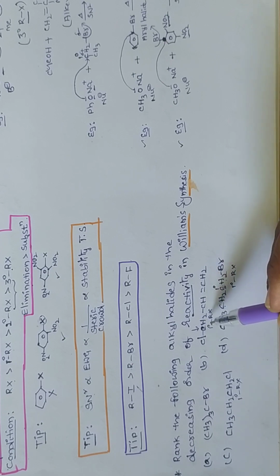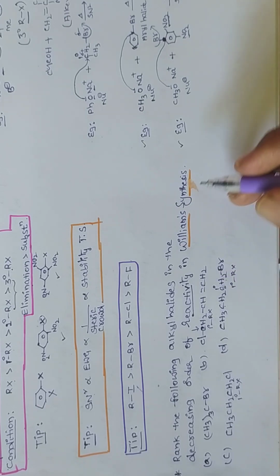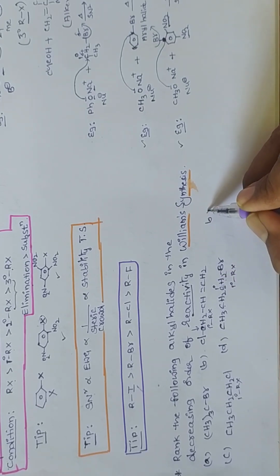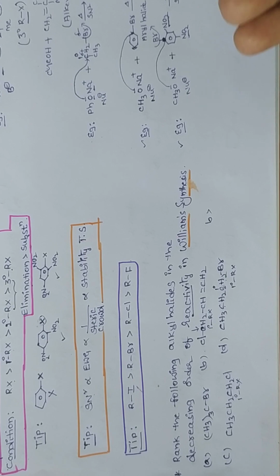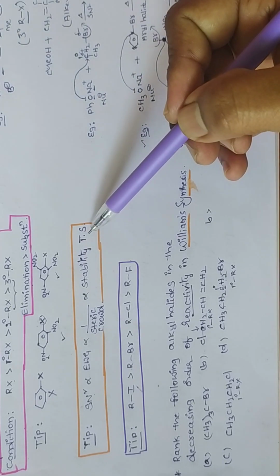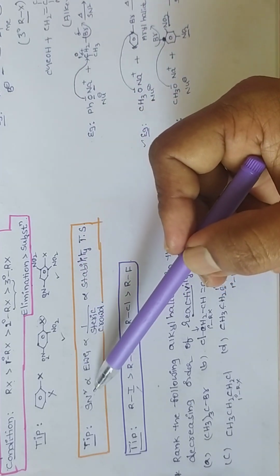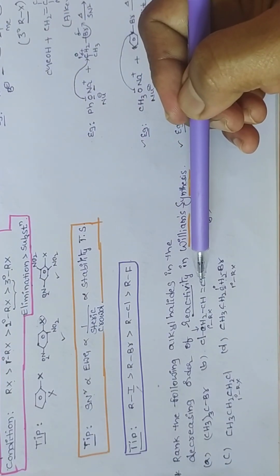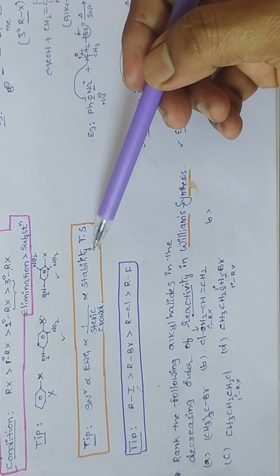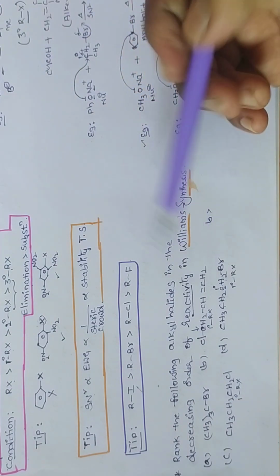Transition state is more favorable in the case of allyl when compared to alkyl. So therefore B is more reactive because of allyl. If benzyl is there, benzyl is more reactive because the transition state is stabilized by resonance. The more the stability of the transition state, the more the SN2. Here allyl is having resonance. Because of that resonance, the transition state is stabilized. So therefore it is more reactive.